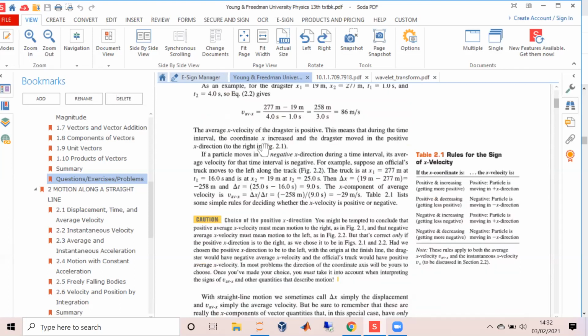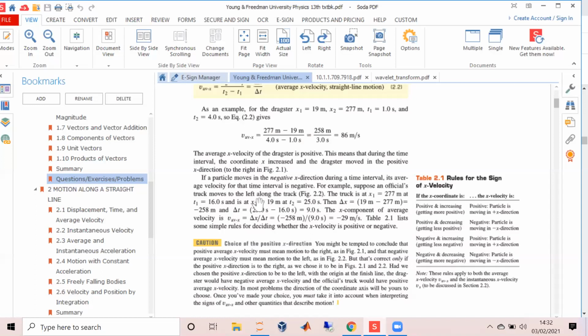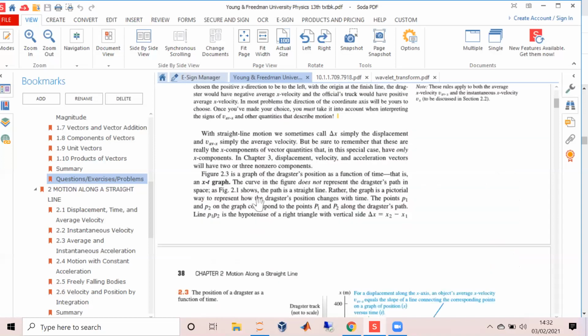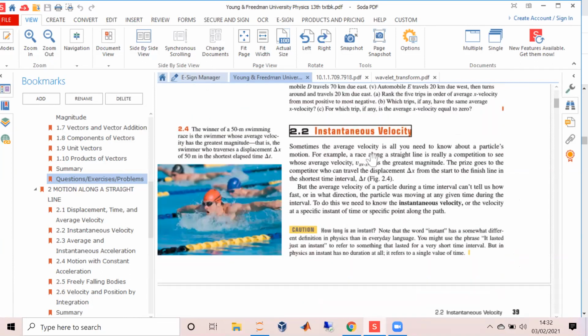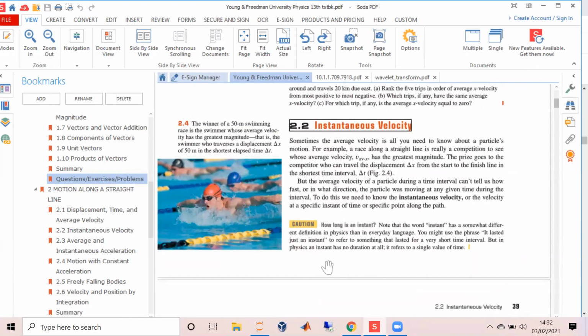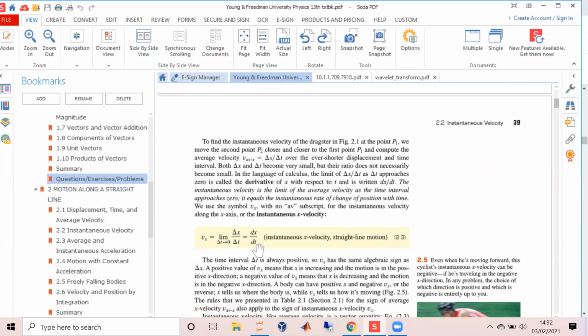That's really important to understand, okay? Instantaneous velocity, what I just explained, is the derivative of x with respect to the time, okay? Which is just taking the limit when the delta t tends to 0, okay?